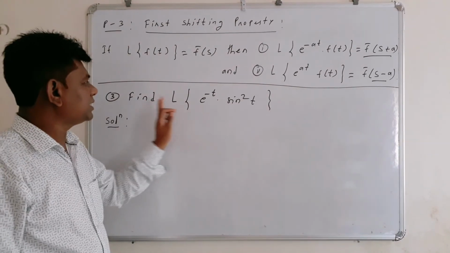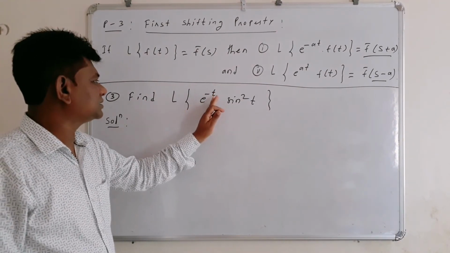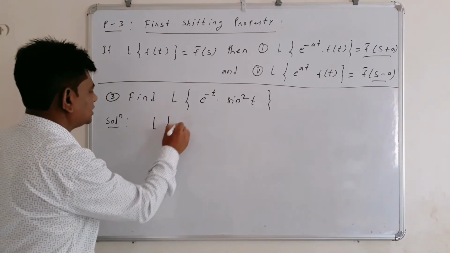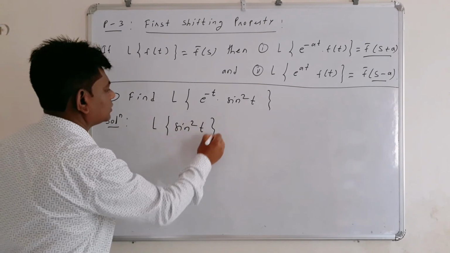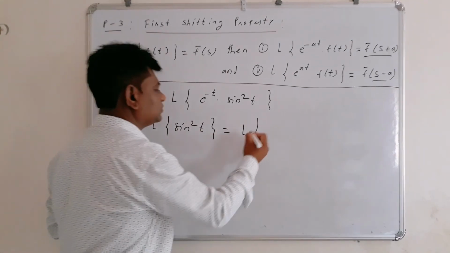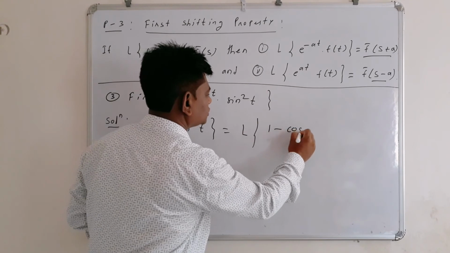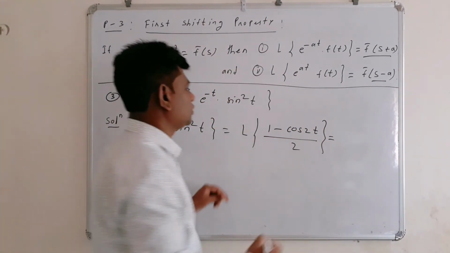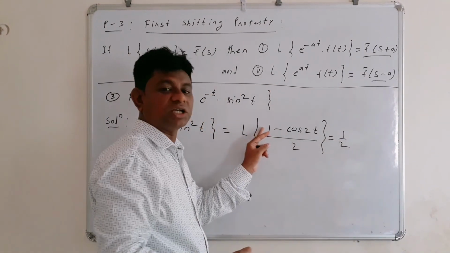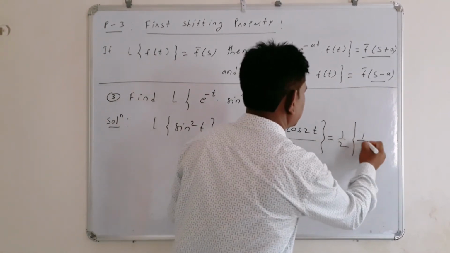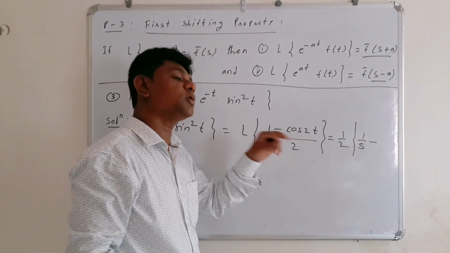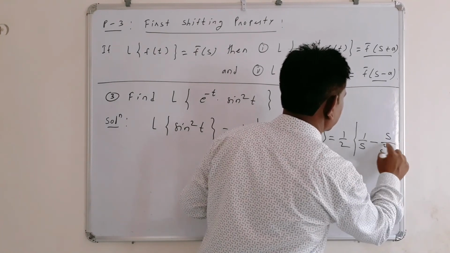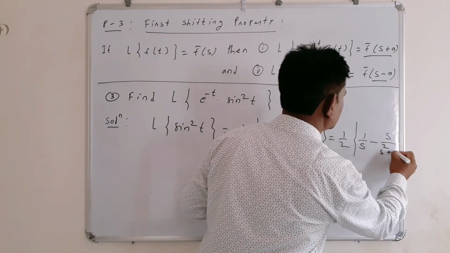Now third example, find Laplace transform of e to the power minus t times sin square t. Now Laplace transform of sin square t is equal to Laplace transform of (1 minus cos 2 times t) upon 2, and this is equal to 1 by 2 [Laplace transform of 1, answer is 1 by s, minus Laplace transform of cos 2 times t, answer is s upon s square plus 2 square, that is 4].